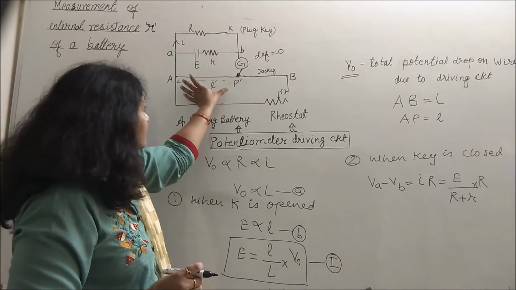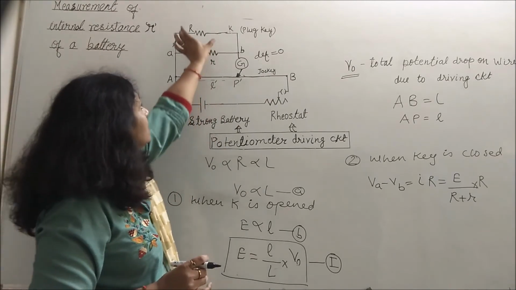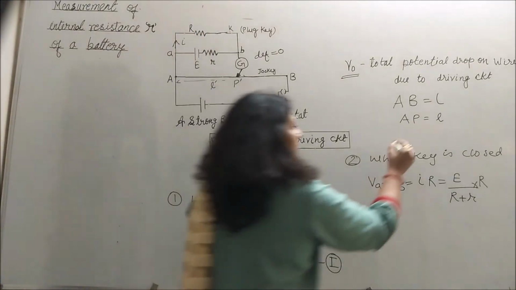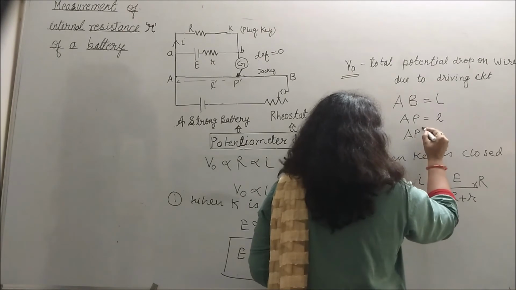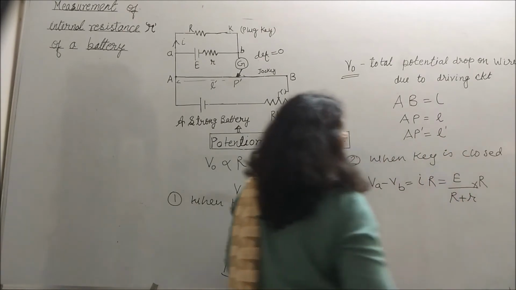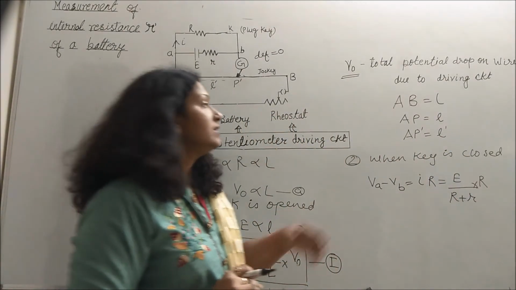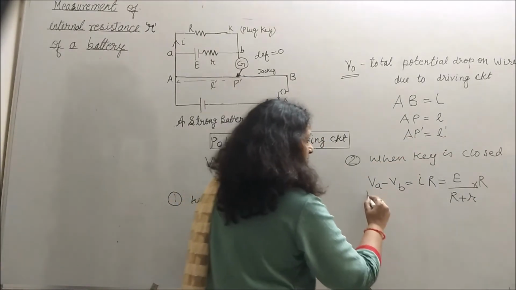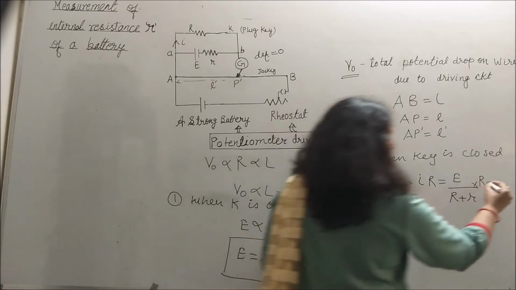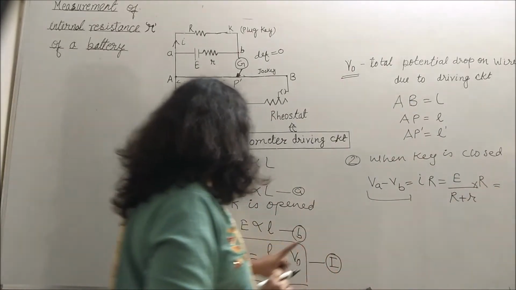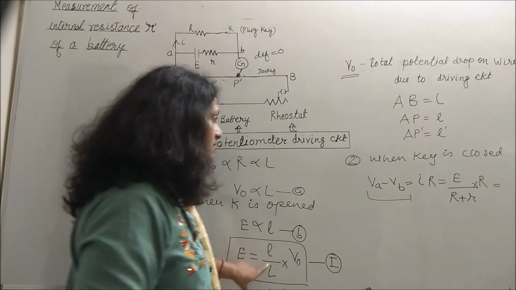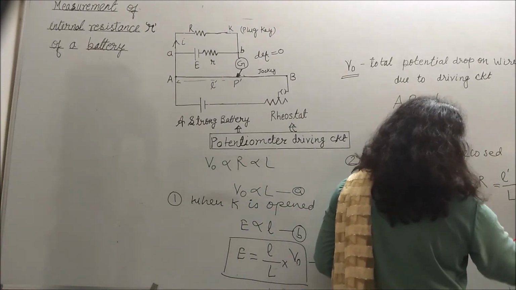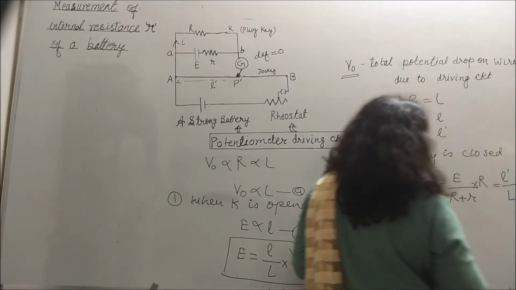Now this AP dash will give the drop across this resistance. So we got another point P dash and its length is L dash, and the drop is VA minus VB. So we can write this VA minus VB in terms of this, L dash divided by capital L multiplied by V naught.